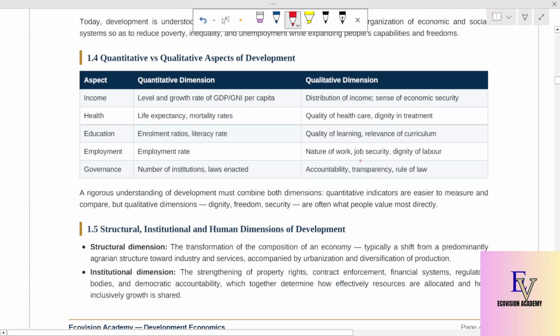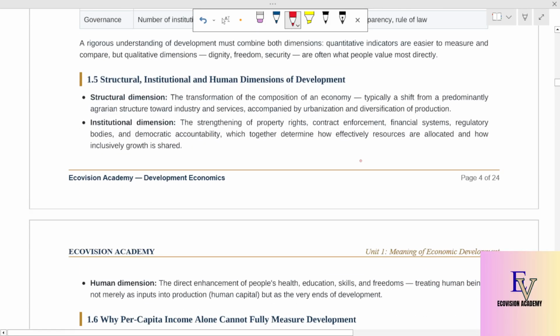Okay, and the most important thing is that there are some structural dimensions, some institutional dimensions and human dimensions. Structural dimensions basically means what I told you: if you just go to Google and search for the contribution of the primary sector or agricultural sector in our national income, you can see that it is, I think, nearly about 17 to 20%.